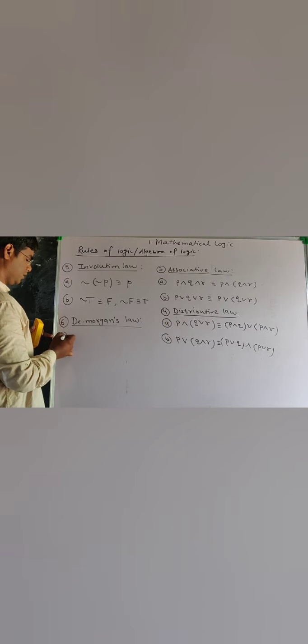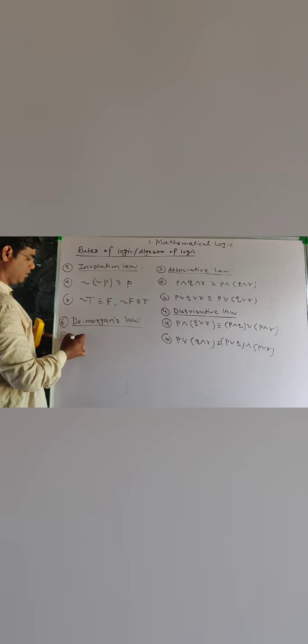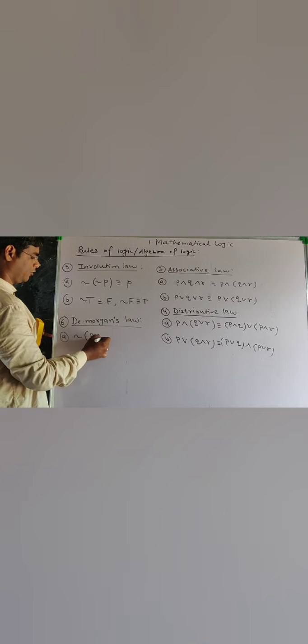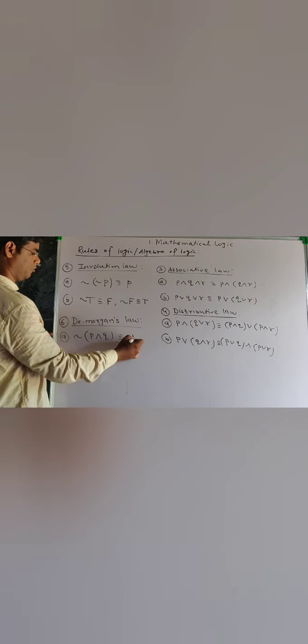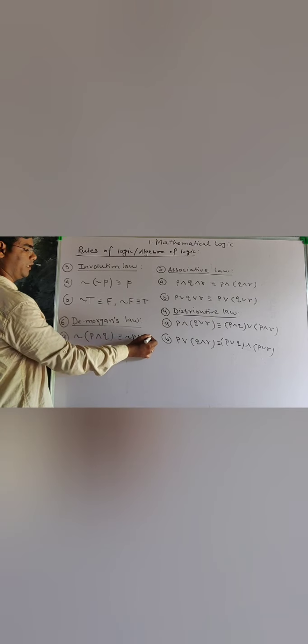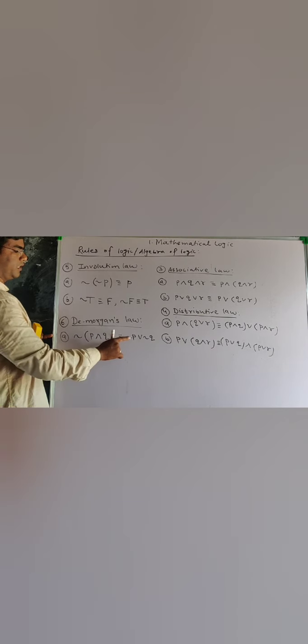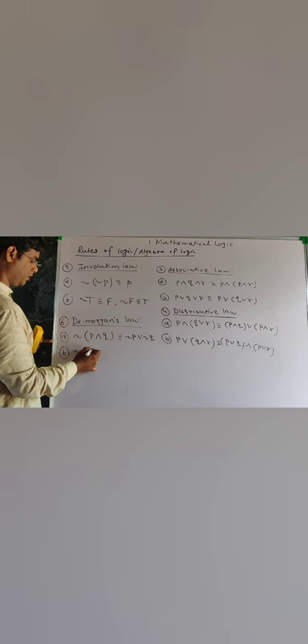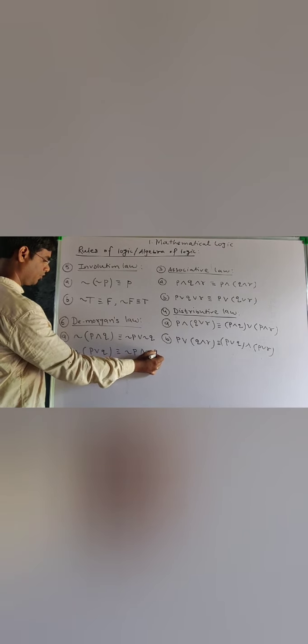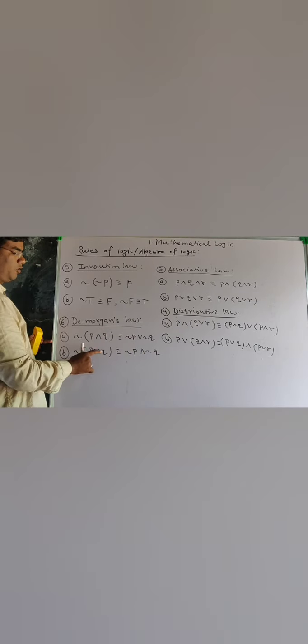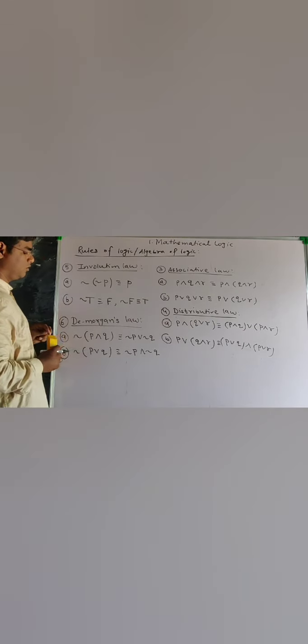Like you have seen in sets and relations, if you write negation of P and Q, the entire negation of P and Q, then this is negation of P, and AND becomes OR, and negation of Q. So negation of (P and Q) can also be written as negation of P or negation of Q. Similarly for OR, negation of P or Q is what? Negation of P and negation of Q. Here AND becomes OR and OR becomes what? AND, while using De Morgan's law. So this is the sixth law.